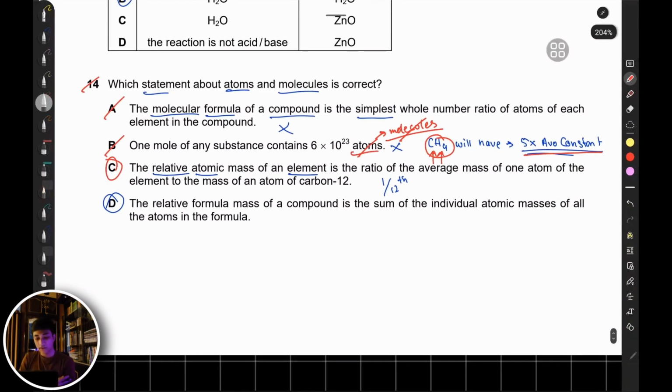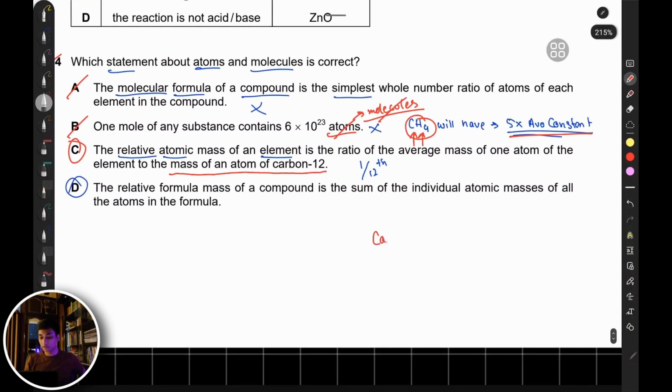C: The relative atomic mass of an element is the ratio of the average mass of one atom of the element to the mass of an atom of carbon-12. It's not compared to the mass of a carbon atom, it's compared to 1/12 of the mass of a carbon-12 atom.